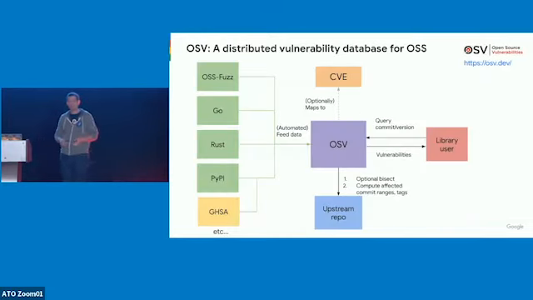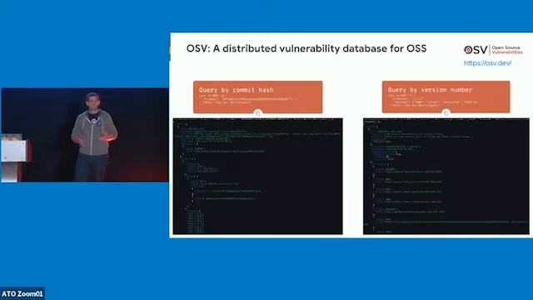So two quick projects I want to highlight this afternoon. One is called OSV. This is a project that essentially synthesizes vulnerability databases together into a very clean and simple REST API. And the API basically just says, give me a commit hash or give me a package name and version number, and I will give you the aggregated and synthesized vulnerability information for that particular artifact at a point in time.